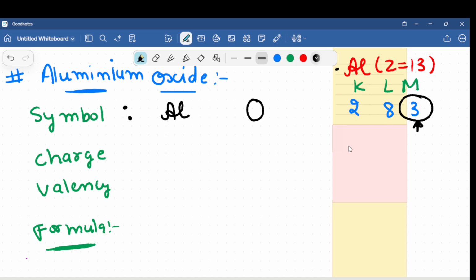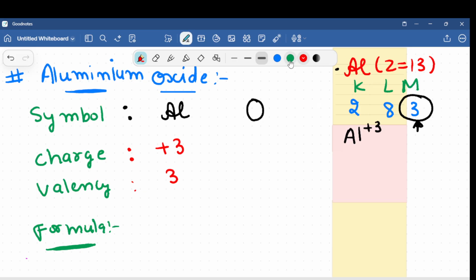That's why the valency of aluminium is plus 3. So we can write charge present on aluminium is plus 3. I hope this is clear to you all.